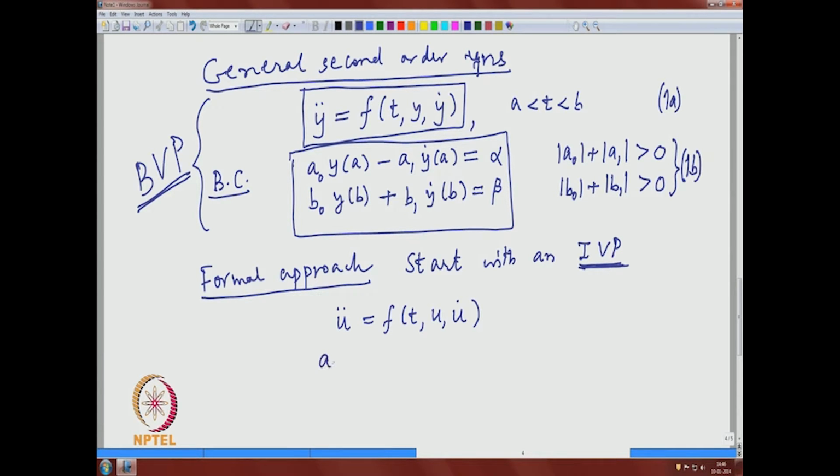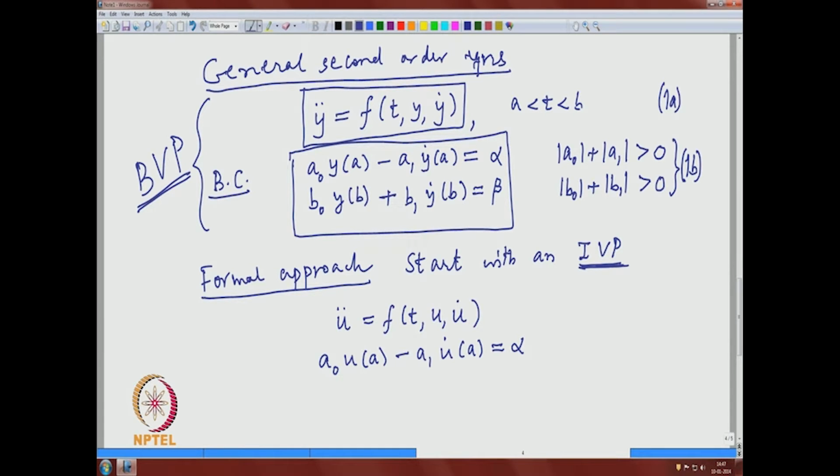A0 u(a) minus A1 u dot(a) equal to alpha, which is the same as the condition at a in the BVP. Okay.